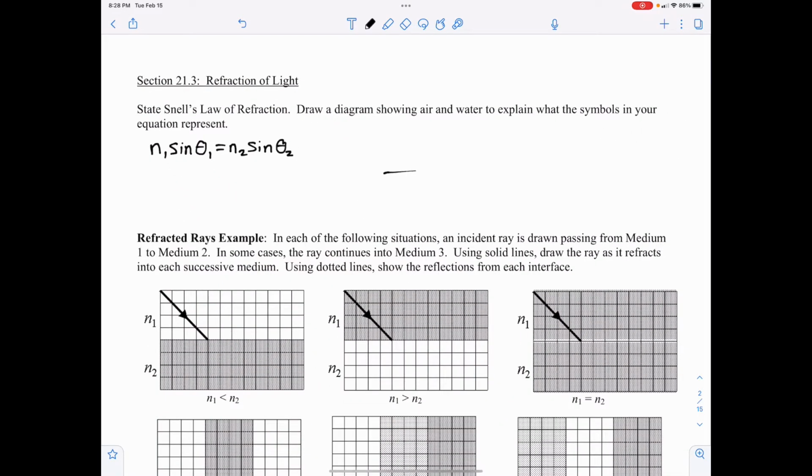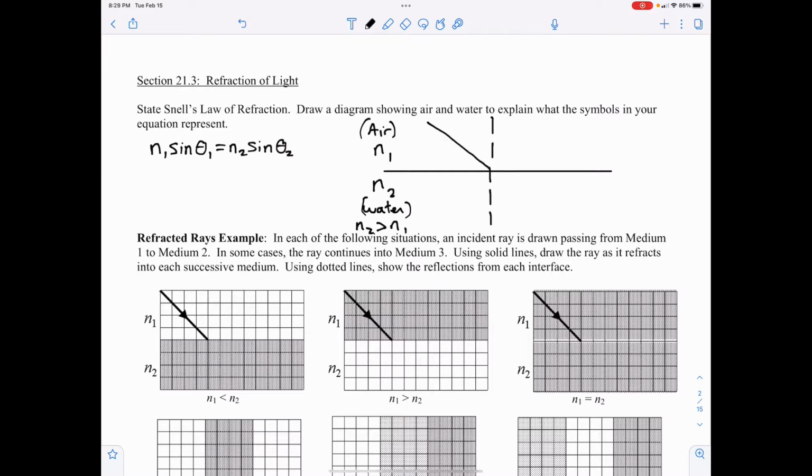Okay, now if we draw a surface and a normal to that surface, let's say this is N1 and this is N2. For instance, N1 could be air, and this could be water. And we're going to say that N2 is a greater index of refraction than N1.